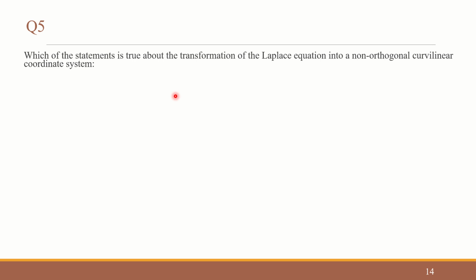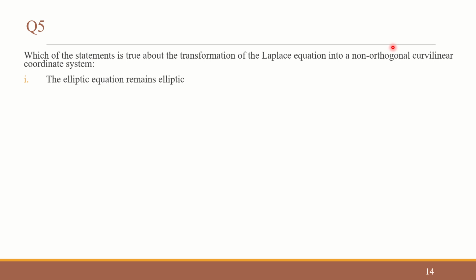Which of the following statements is true about the transformation of the Laplace equation into a non-orthogonal curvilinear coordinate system? So now we are asked to identify which statement is true when we are transforming the Laplace equation into a non-orthogonal curvilinear coordinate system.